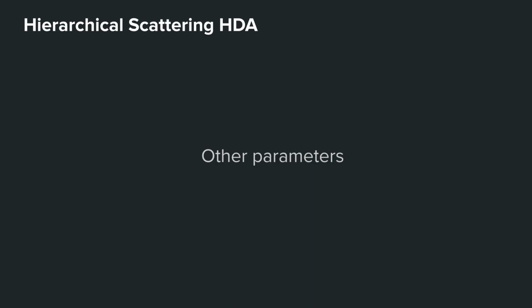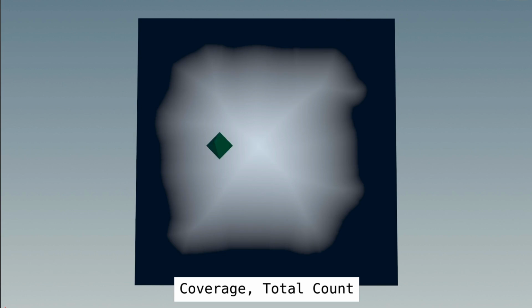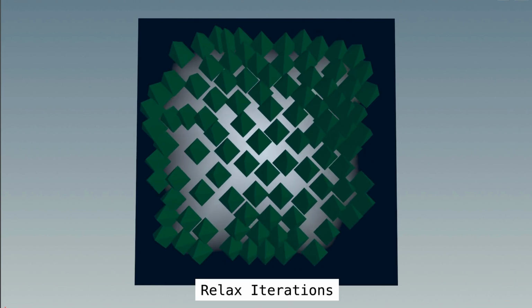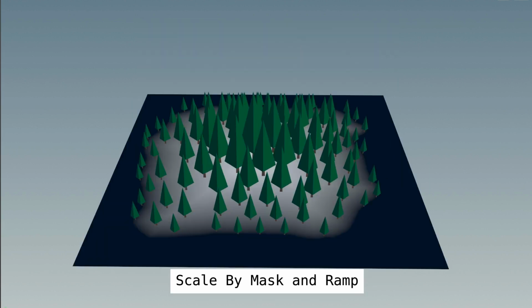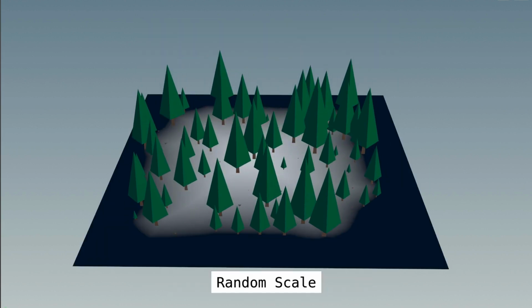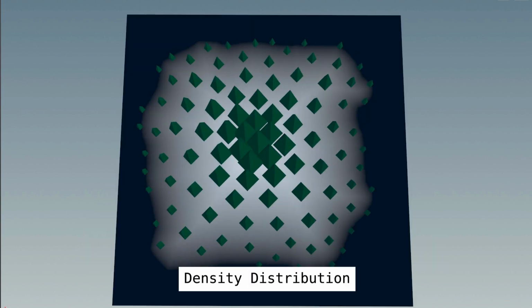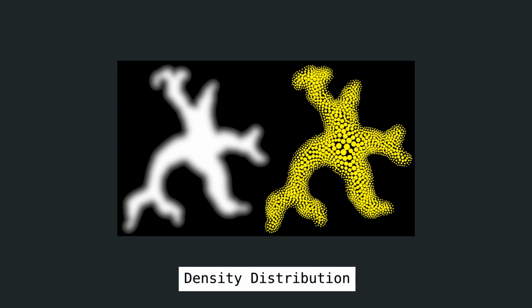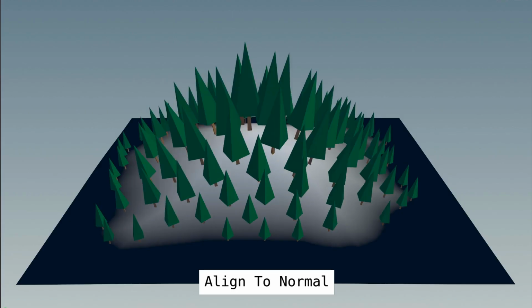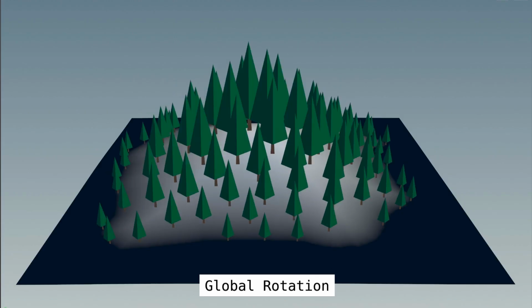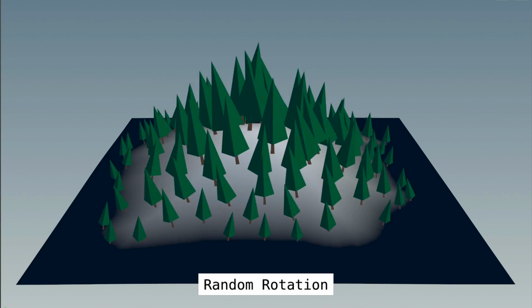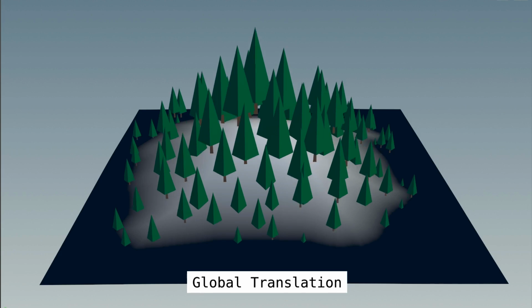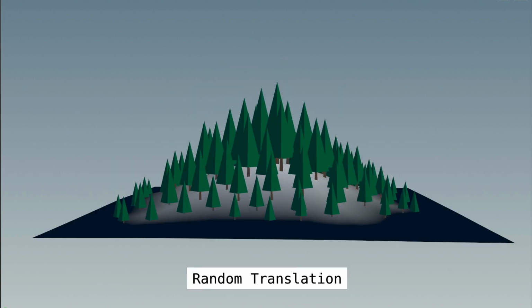There are other parameters that I'd like to briefly mention. These include coverage or total count of assets to scatter, relax iterations, scale by mask and ramp, random scale between min and max values, density distribution based on mask and ramp, align to surface normal, global rotation, random rotation between min and max values, global translation, and random translation between min and max values.